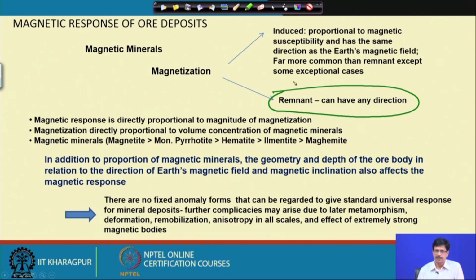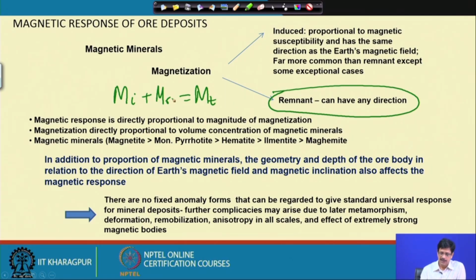Most of the processes that we use measure the magnetic anomalies or magnetic properties of these rocks and ores. So these come from two contributions: the contribution from induction plus the contribution from the remnant magnetism, and that is actually the total magnetic field or total polarity that is developed in that particular material.